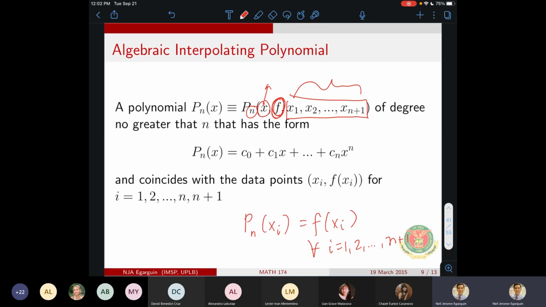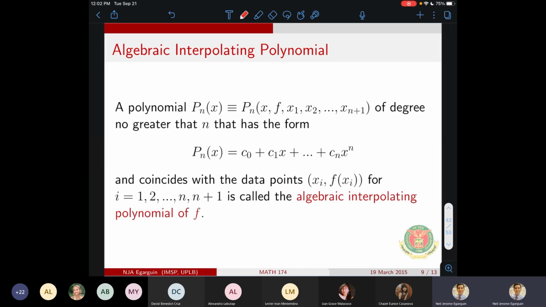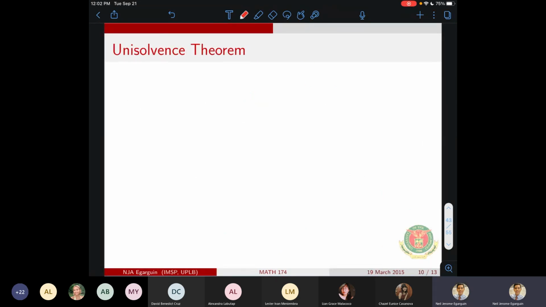So here I just defined what the AIP is, or the algebraic interpolating polynomial, but I haven't said paano natin ito mako-compute. Okay? Or will it always exist for any set of abscissas and the function f? Actually, that is guaranteed by what we call the unisolvence theorem.